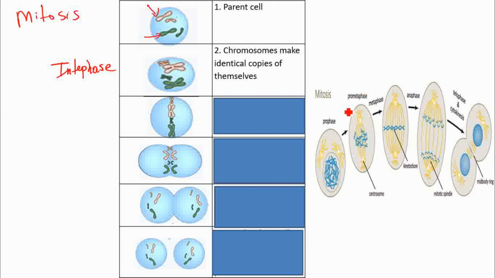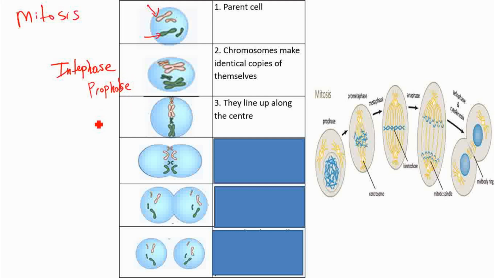After it makes a copy of itself, the chromosomes begin to line up in the center. So you'd have interphase, then prophase.